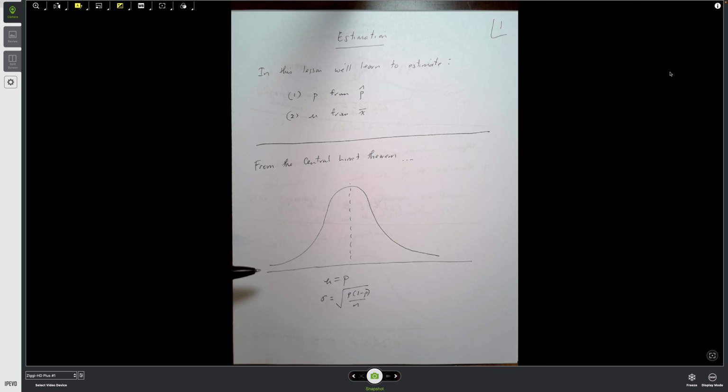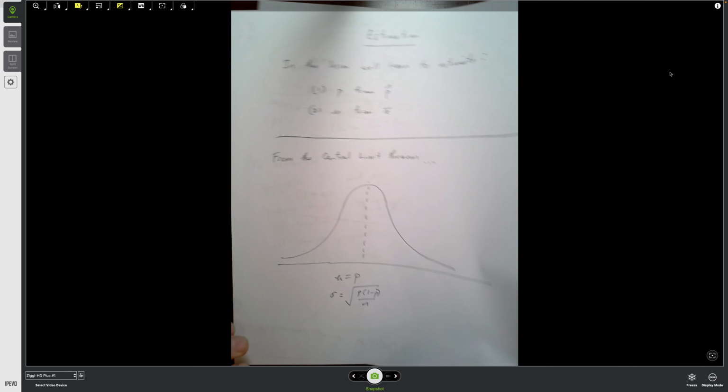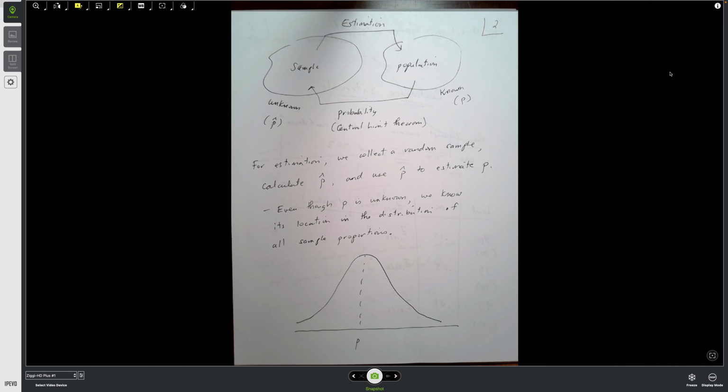So if all that's greater than 5, then the mean of the distribution is p, and the standard deviation of the distribution is the square root of p times 1 minus p over n, right? So just a little review. Again, central limit theorem plays a huge role in estimation.